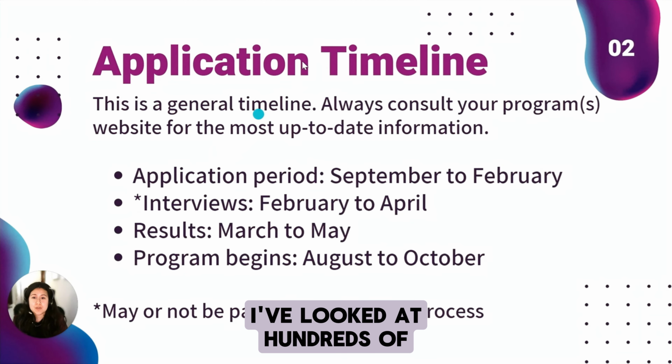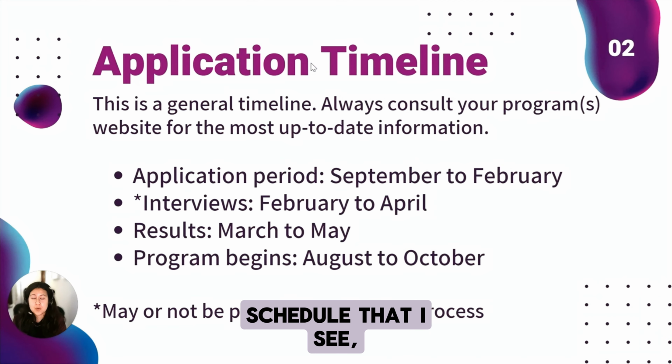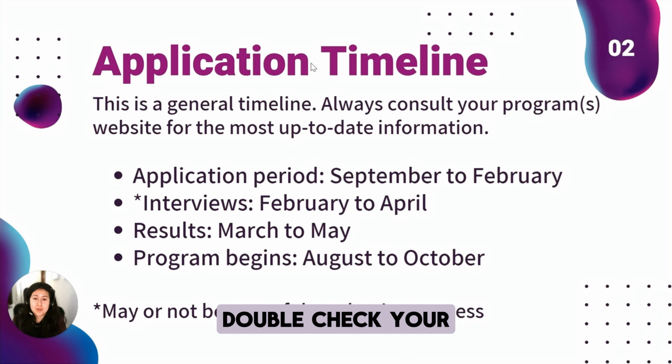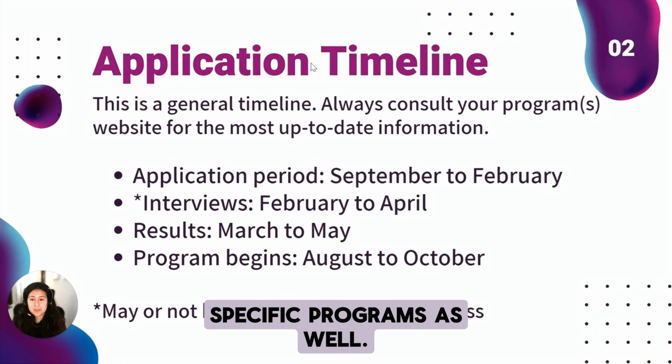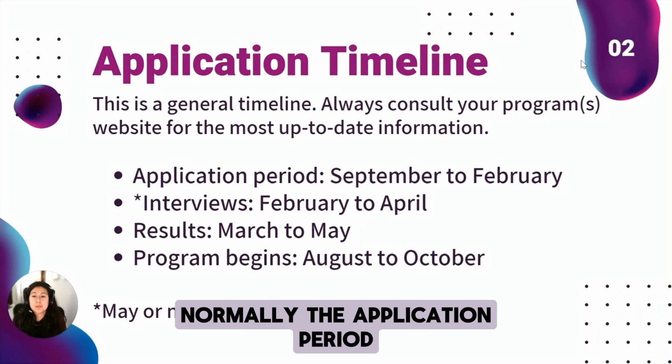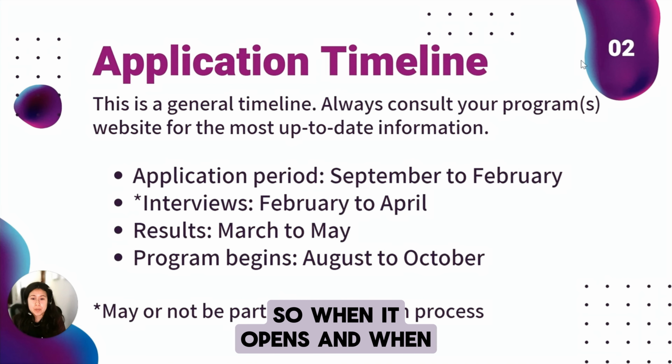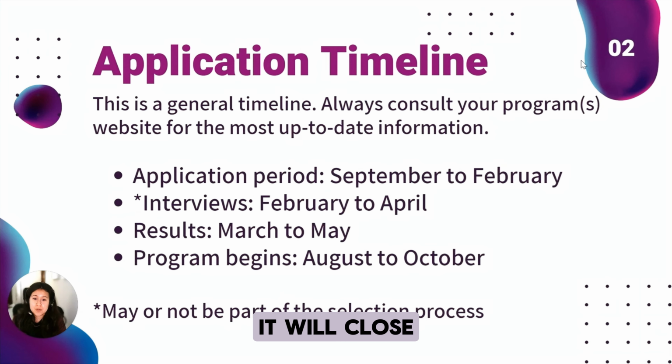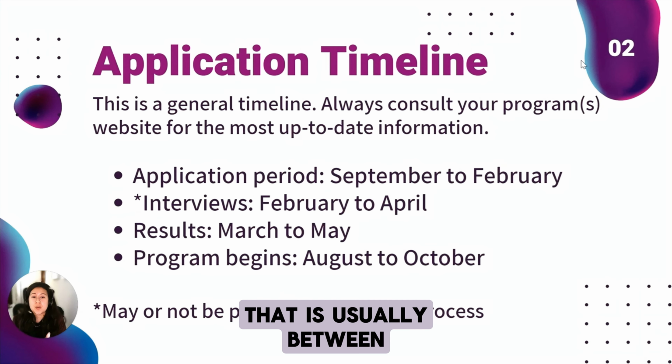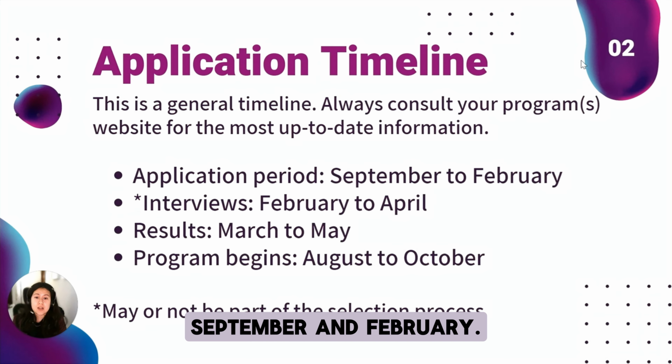I've looked at hundreds of different EMJM programs, and this is the general schedule that I see, the general pattern, but double check your specific programs as well. Normally, the application period, so when it opens and when it will close, is usually between September and February.